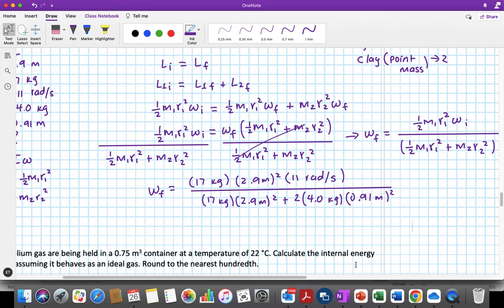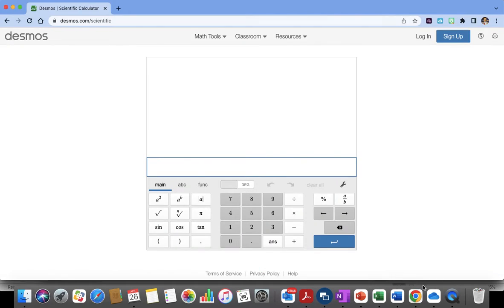Now let's see if I can use decimals. So we had, let's do parentheses, m1, that was 17 kilograms, times r1 squared, 2.9 squared, times 11.